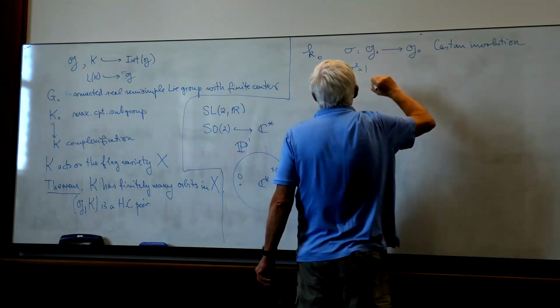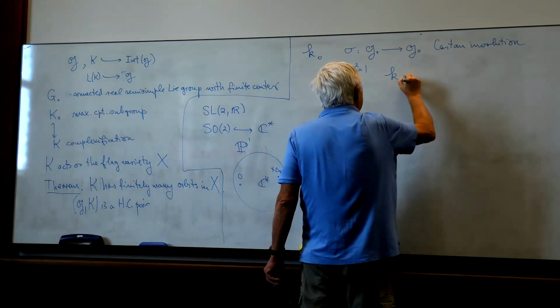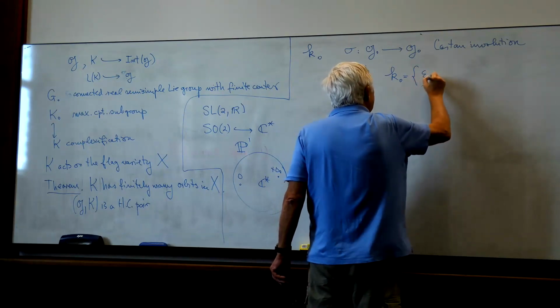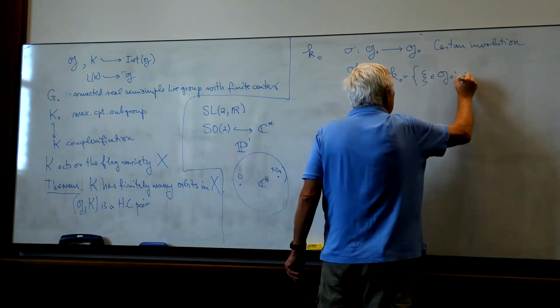So its eigenvalues are plus and minus 1, and K naught is just the eigenspace for eigenvalue 1.